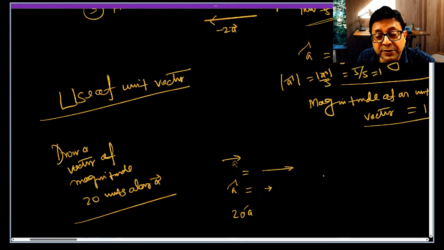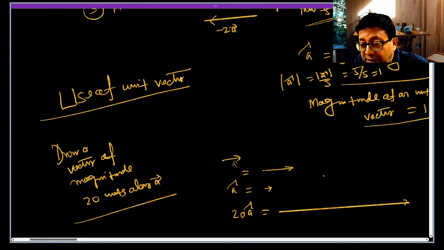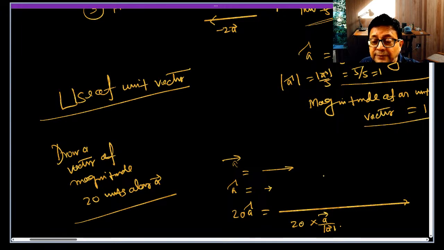Then 20 A cap is what? You just magnify A cap 20 times. So this vector is represented in this manner: 20 A cap, or 20 multiplied by A by mod A. Clear? This is A hat or A cap.